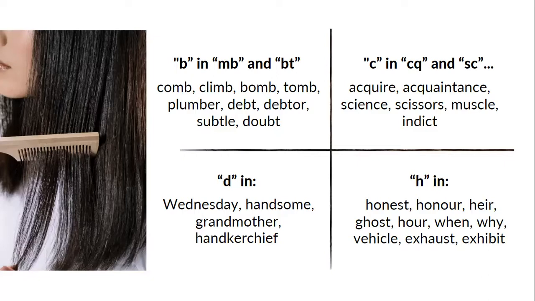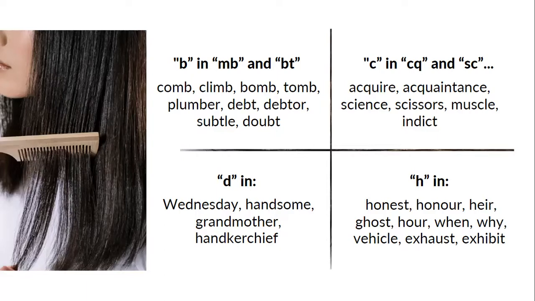Please take note, and this is for every other silent letter, that whenever you have MB in a word or BT in a word, it doesn't mean the B will always be silent. That's not so. And that's why I said usually when it's at the end, especially for MB. If you have the word combination, the B is not silent.